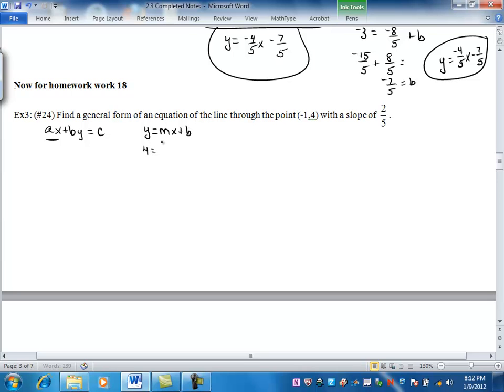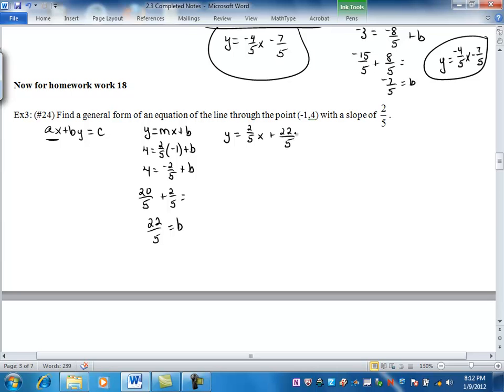y is 4, m is 2/5, x is -1. We're solving for b, so 4 equals -2/5 plus b. 20/5 plus 2/5 gives me 22/5. That's my b value. And so what we have here is y equals 2/5 x plus 22/5.